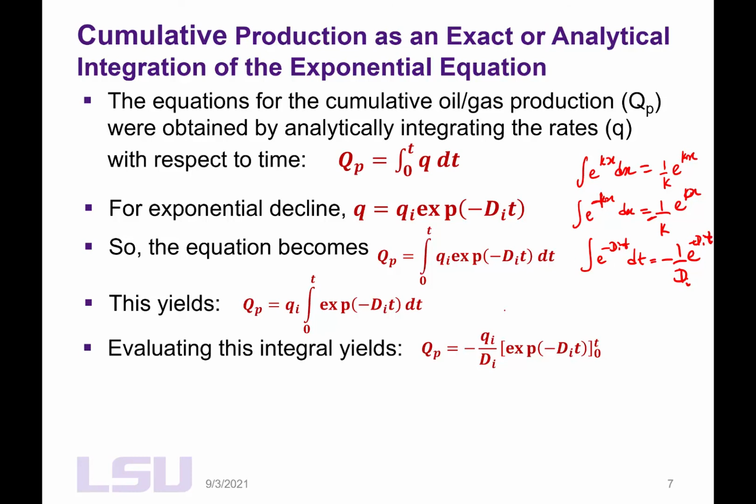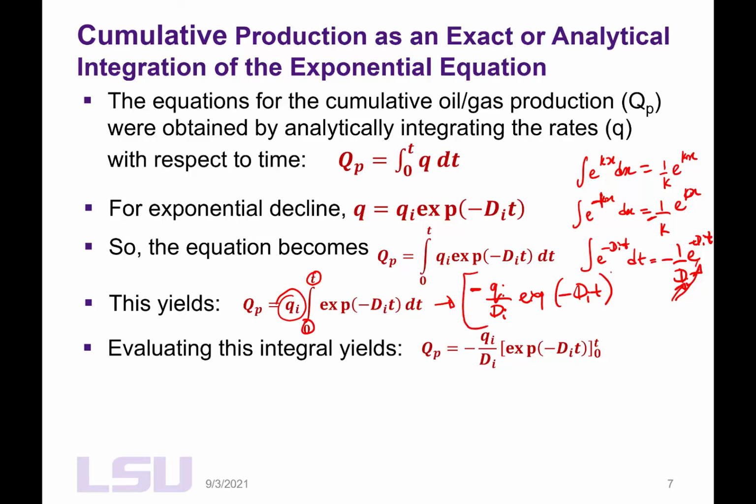We add Qi outside of the parentheses, right? So this will be Qi times 1 over Di, so that's minus Qi over Di, and then we have our exponent, which we can write out in this form, same as this form. So that's how we get this. Are we done? Remember, you're integrating between this range.